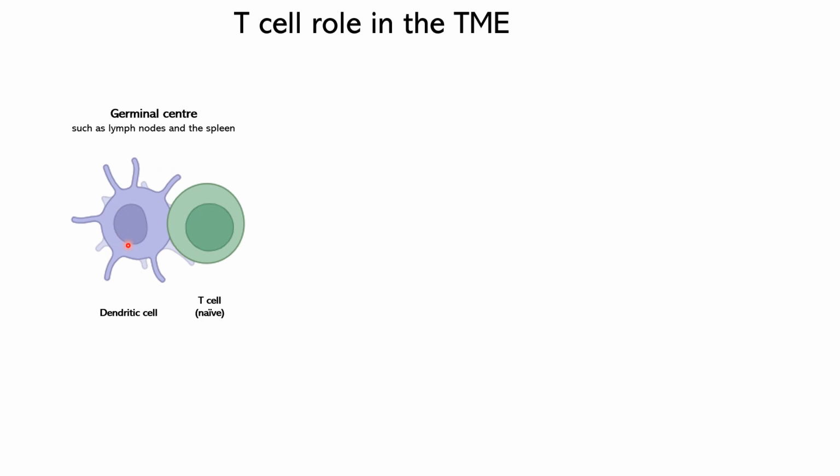What happens there is a dendritic cell that has been in a tumor site will move from the tumor site and go to lymph nodes or the spleen, where it interacts with T cells that are called naive T cells. So they are inactive T cells, okay? And the dendritic cells will present cancer-specific antigens to the T cells there.